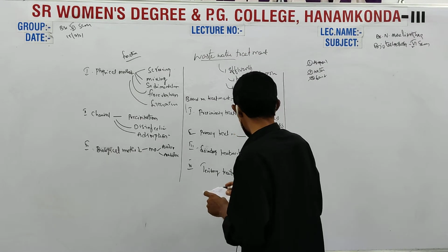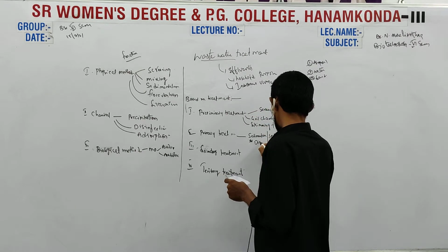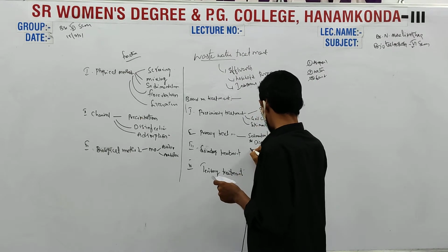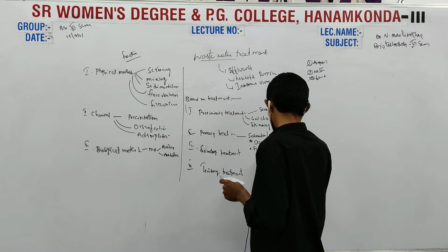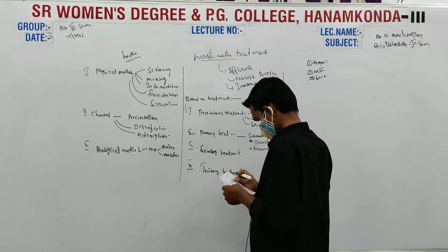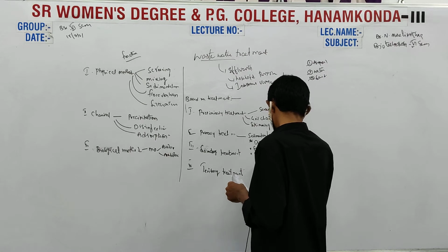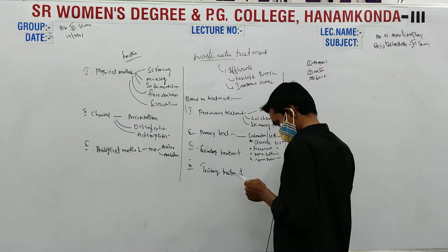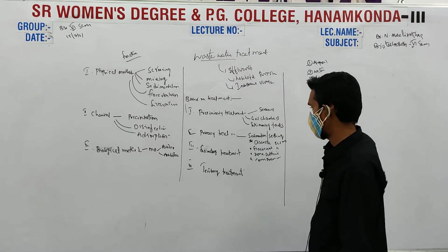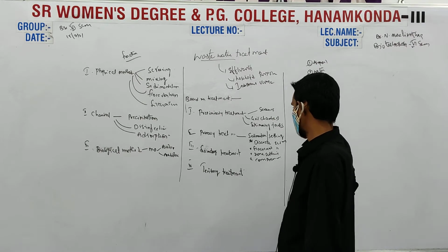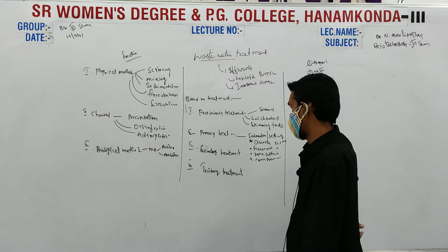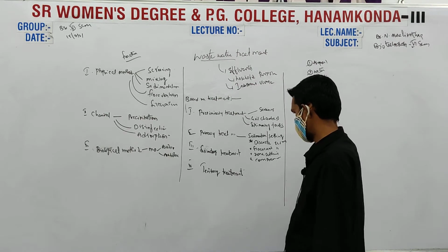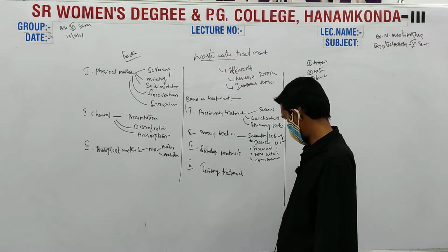There are different types of sedimentation: discrete sedimentation, flocculent sedimentation, zone settling, and compression. The major primary method is sedimentation.